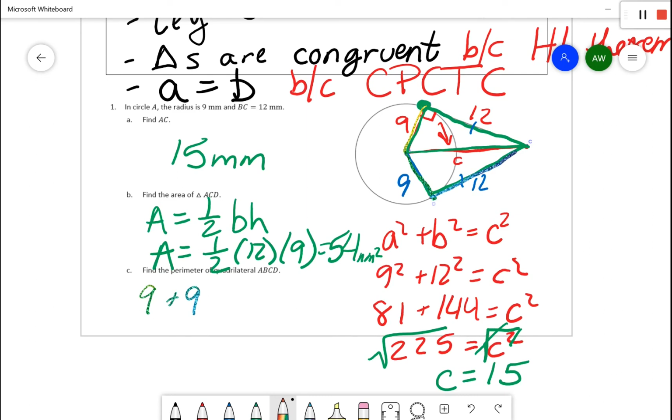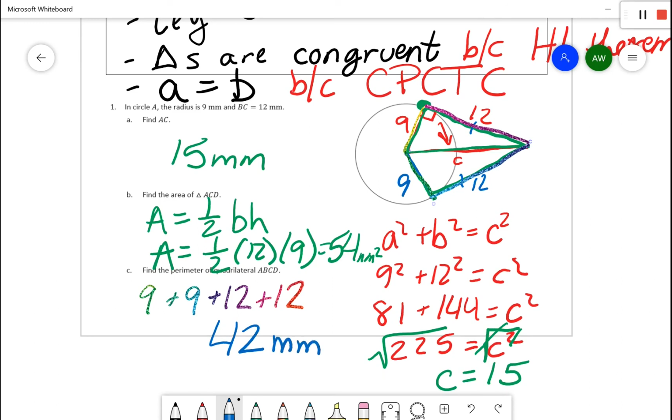If I keep going around, this side was 12, so I'm going to add on a 12. And if I keep going here, this side was also 12, so I'm going to add on an additional 12. Now if I add those all up together, 12 plus 12 is 24, plus 9 is 33, plus another 9 is 42. So that means that the perimeter of this is 42 millimeters.